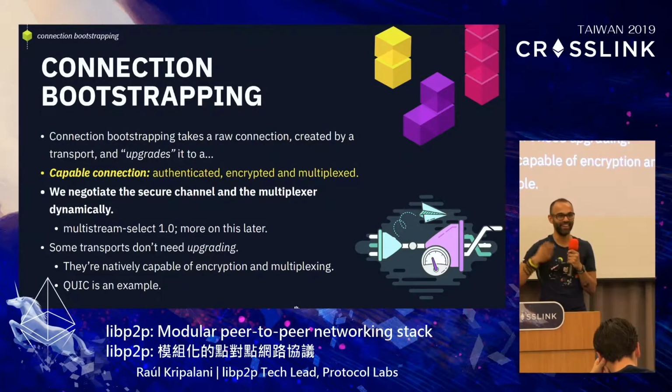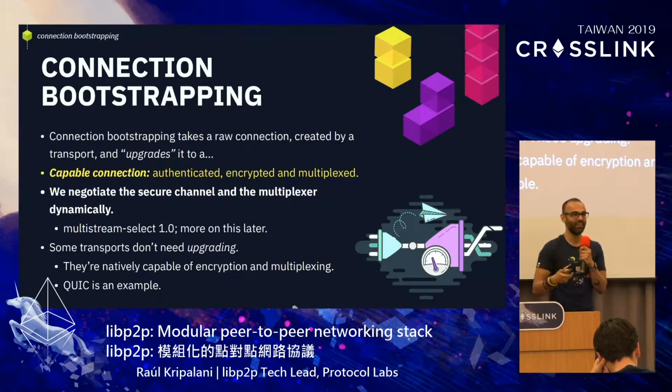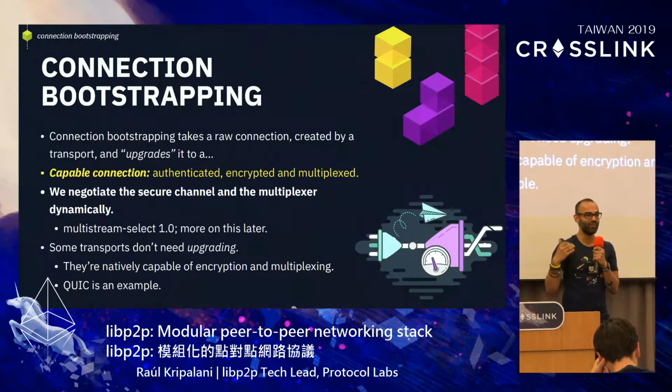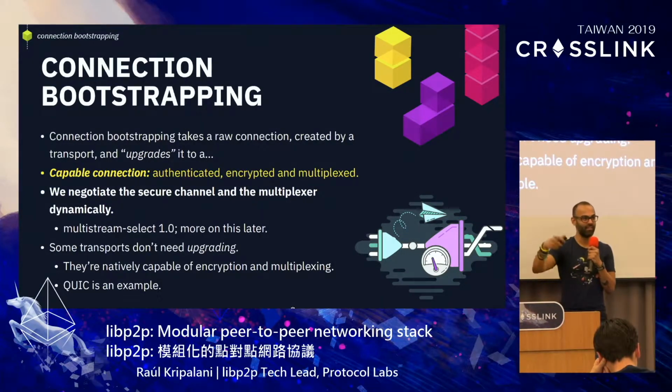And like Juan Benet, the founder of Protocol Labs, once said, a peer-to-peer network is not only a network that you don't control, but it's going to actively try to attack you in all possible manners. So you've got to make sure that every aspect, every step of the way is dynamic enough so that it can be changed in the future if it needs to change.